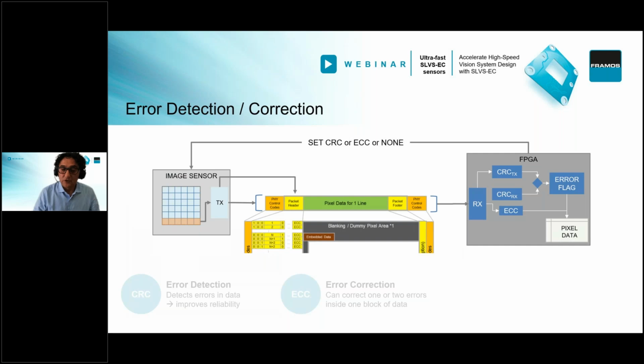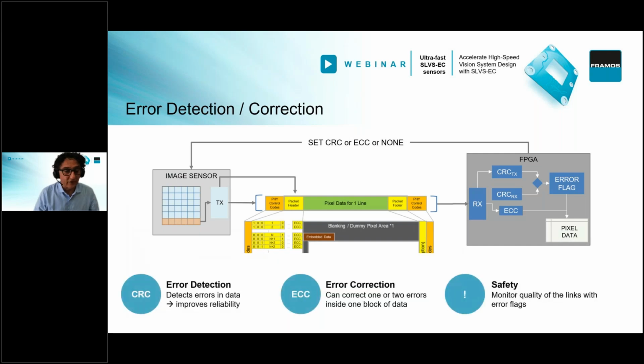Error detection and error correction are also specified by the SLVS-EC. Here the image sensor, the transmitter part, embeds the CRC code in the packet data, and the receiver part can easily detect any error in the transmission.